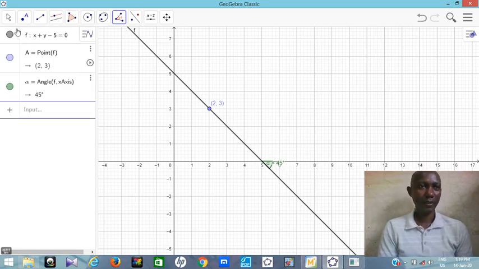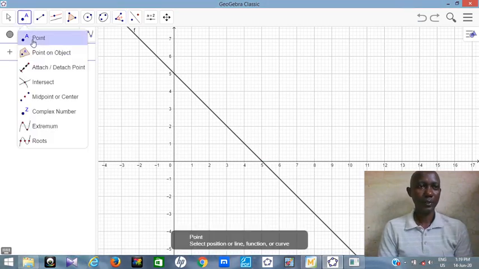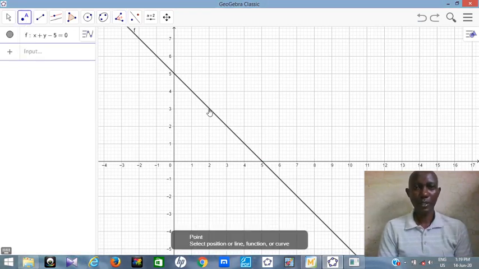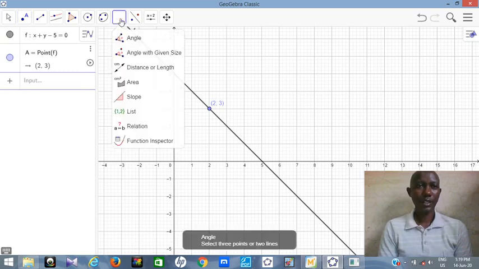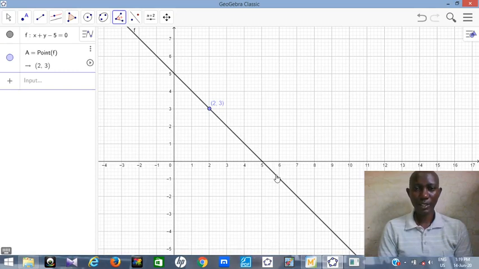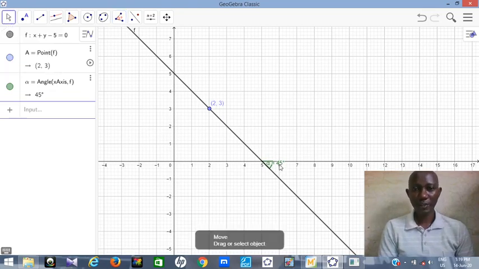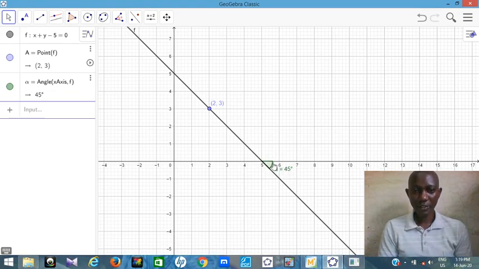Let me just see if I can do it now. Okay, this is the point. Then this angle between this axis and this. Okay, still giving me this side, but it's actually correct. So it's 135 because it is giving us 45 degrees.